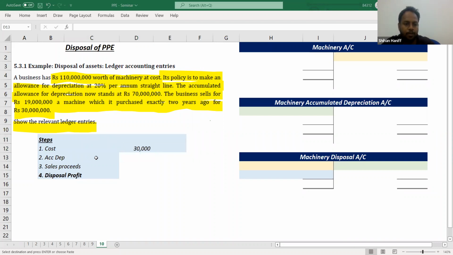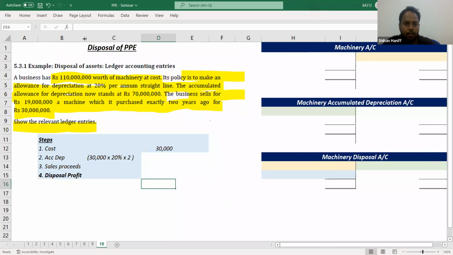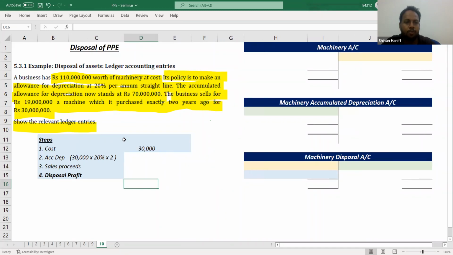Accumulated depreciation, we need to find out for 2 years. $30,000 into 20% into 2 years, accumulated depreciation, so it's 12,000.